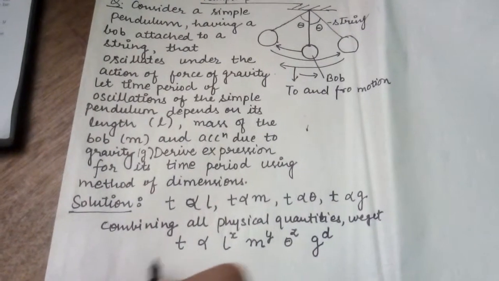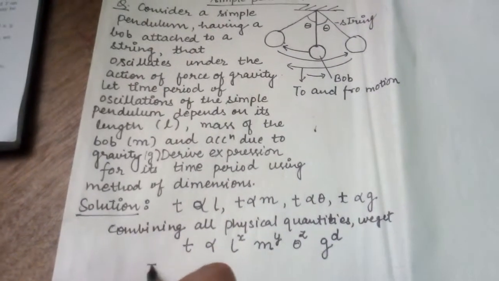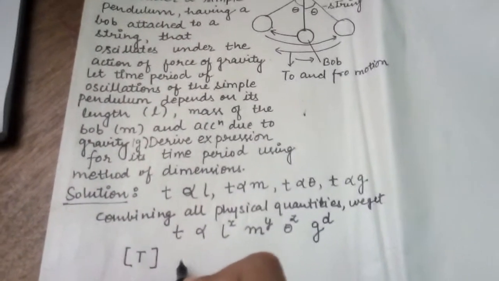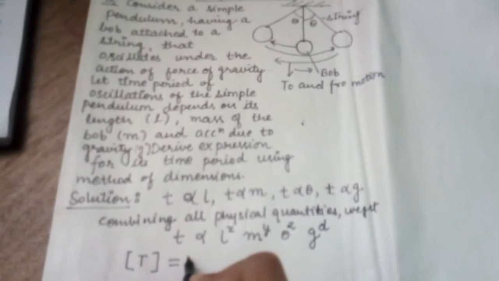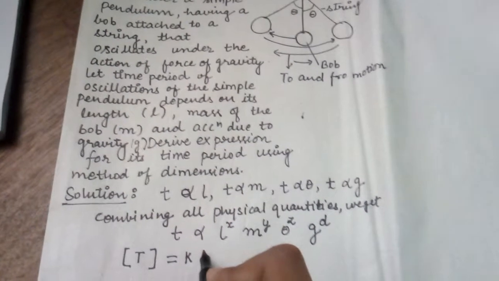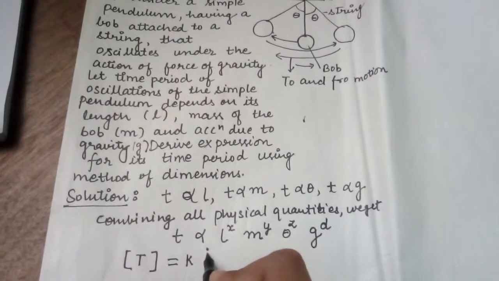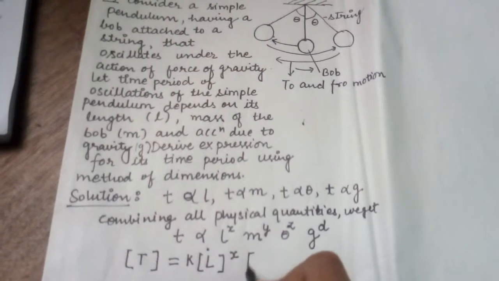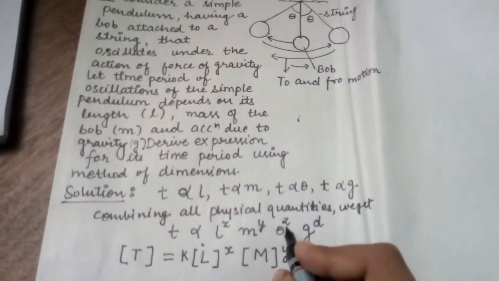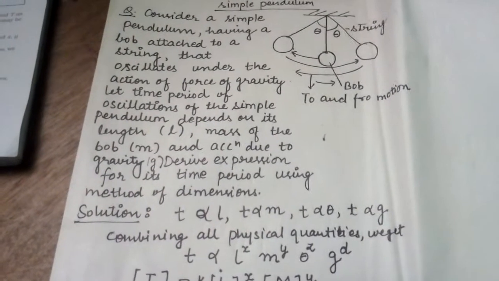So the dimension formula of time t in bracket this, and removing this proportionality we use a constant term. Now length L, capital L, having power x, and mass capital M having power y, and theta is dimensionless. That means we don't have any dimension.